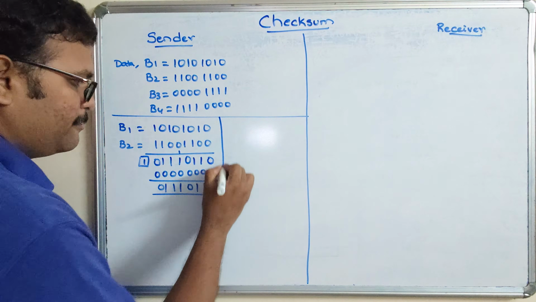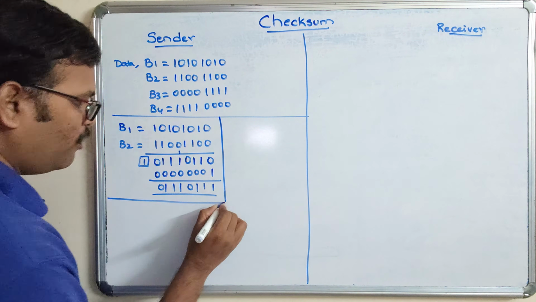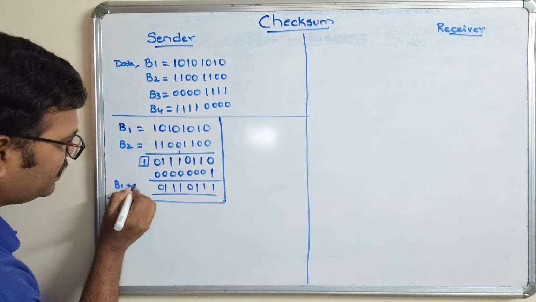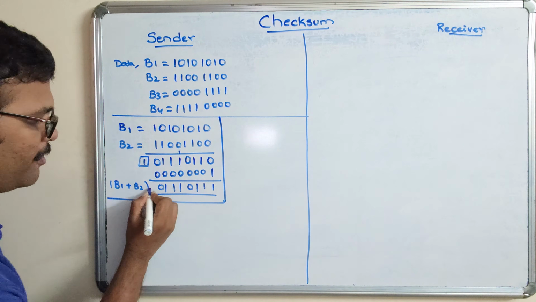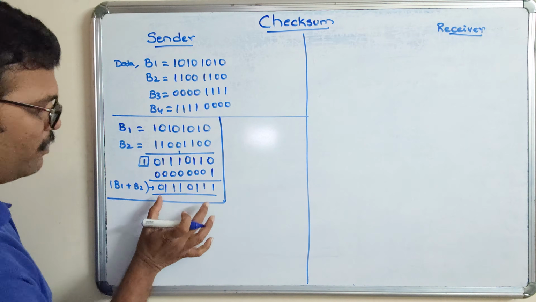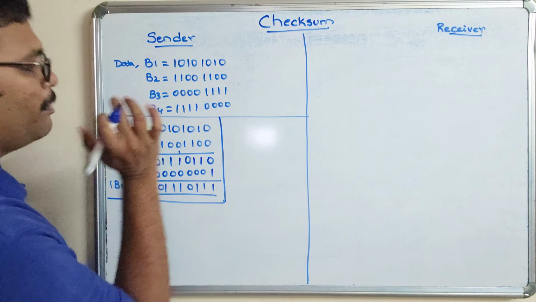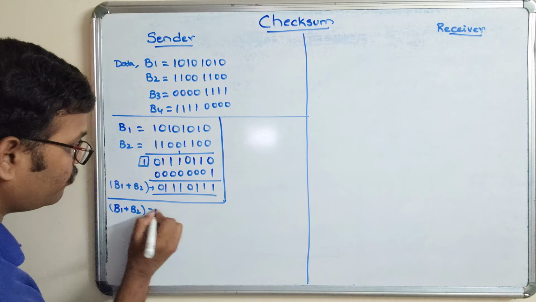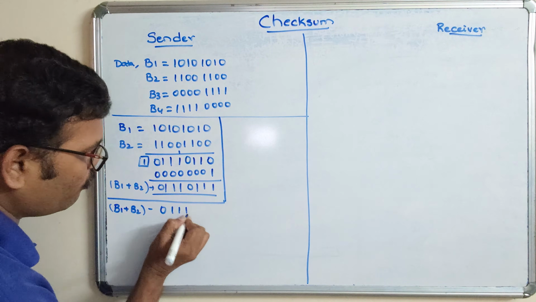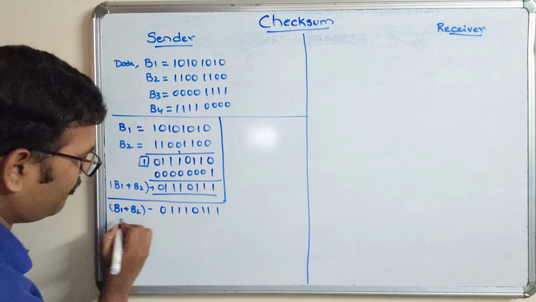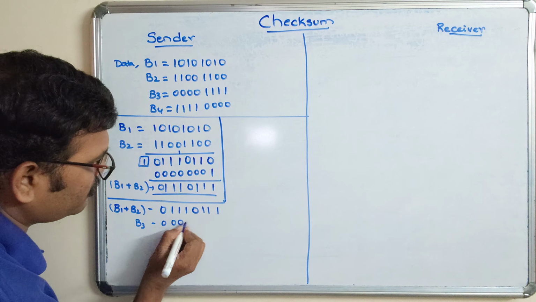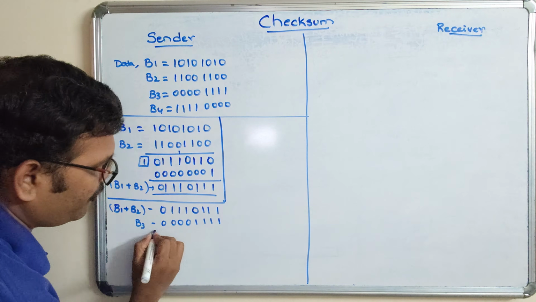Okay, B1 plus B2. Now the result of B1 plus B2 we need to add to B3. So B1 plus B2, which is 0 1 1 1 0 1 1 1, and B3, which is 0 0 0 0 1 1 1 1.